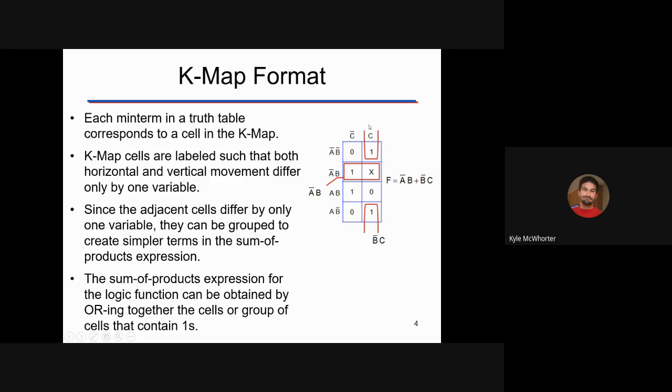So from not C, that'll change to C. Over here we have not A and not B. Only one of those can change for our next row, so let's change the B. Now only one of these can change, but if we change the B back, we already have that row, so we need to change the A. And now only one can be changed, and if we change the A back, we would be right back to there, so we need to change the B. So only one variable can change from one row to the next. And that's important because then we use side-by-side rows to start simplifying.